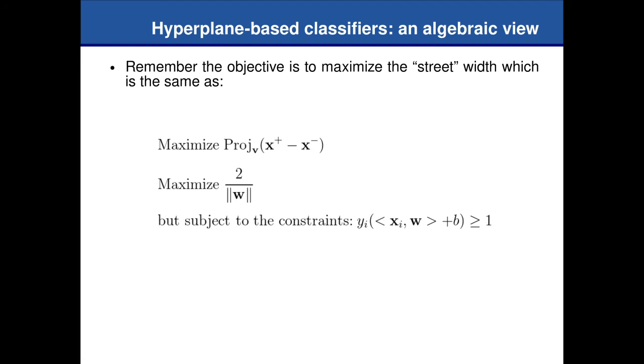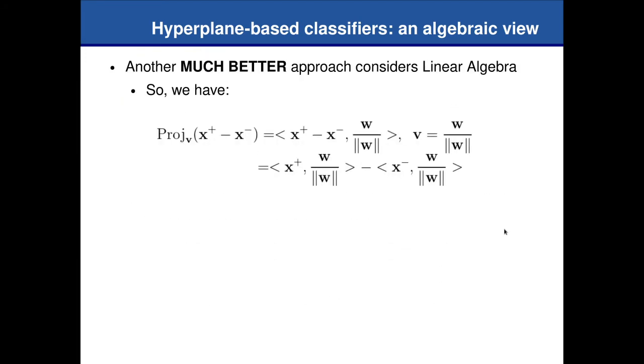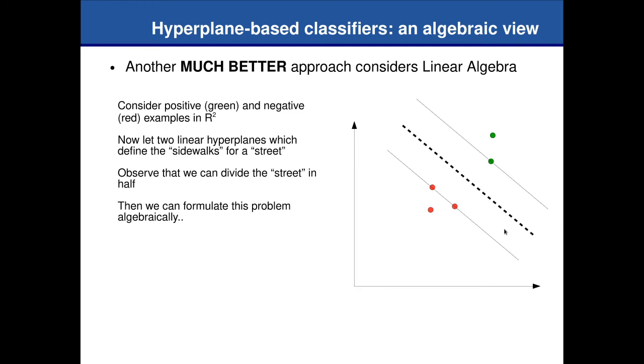Given this constraint, you guys might notice that the constraint now is not just equal to 1 here, but greater than or equal to 1. Why? If you remember, I told you that this one I expect to be classified as plus 1, and those as minus 1.